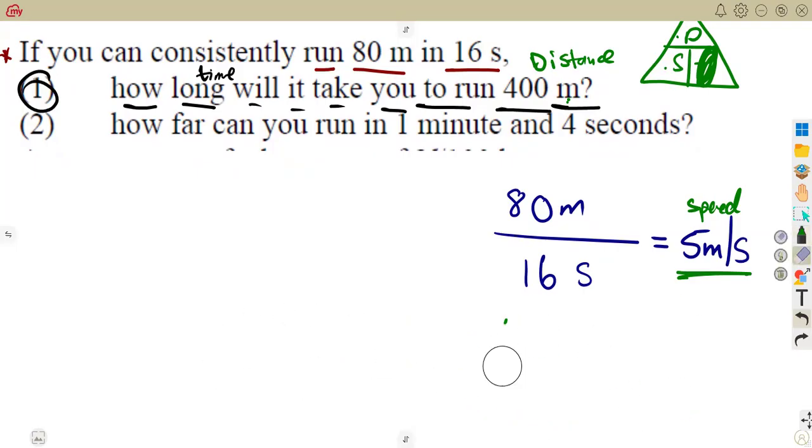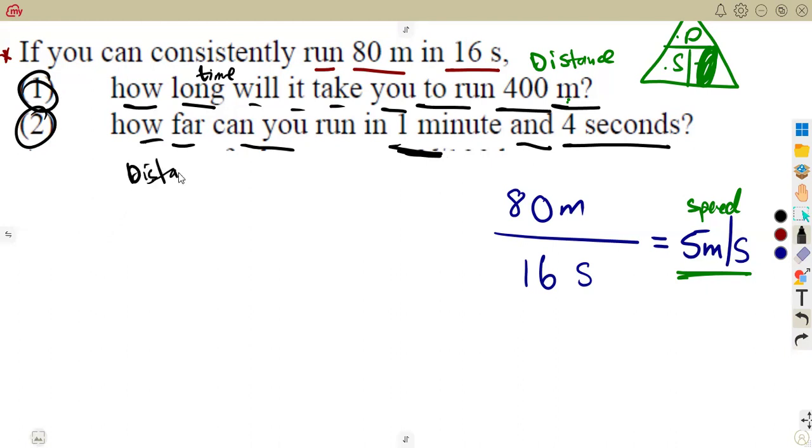Then number 2, you are given, how far can you run in 1 minute and 4 seconds? How far? The distance now. So for every second, you cover 5 meters. Every second, 5 meters.